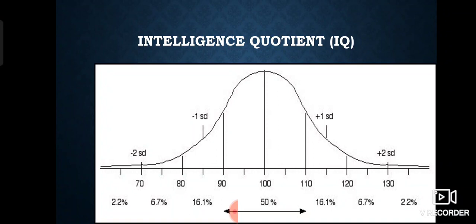Now, according to some people, the intelligence quotient is the score that you get on an intelligence test. I think some of you have undergone an intelligence test before entering UC. Originally, it was not yet about an intelligence test.